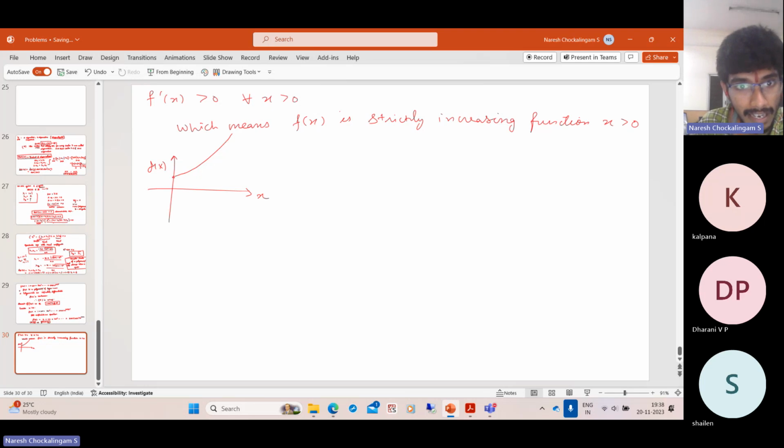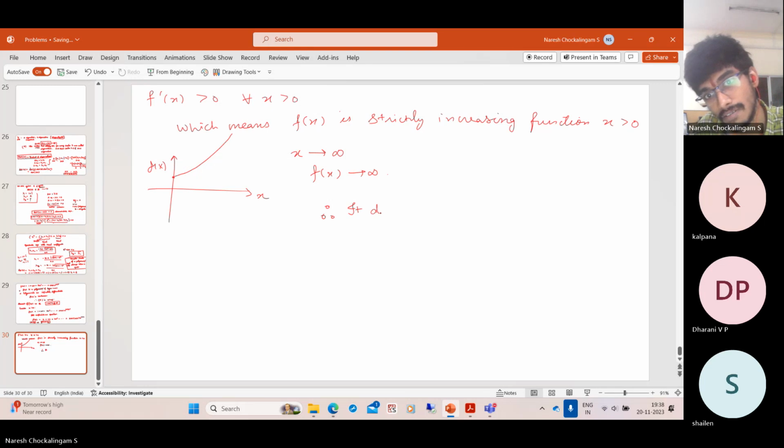Therefore, a function f of x that is strictly increasing for all positive values of x means that as x tends to infinity, f of x tends to infinity. So you can see it is unboundedly growing. Therefore, it does not have a global maximum.